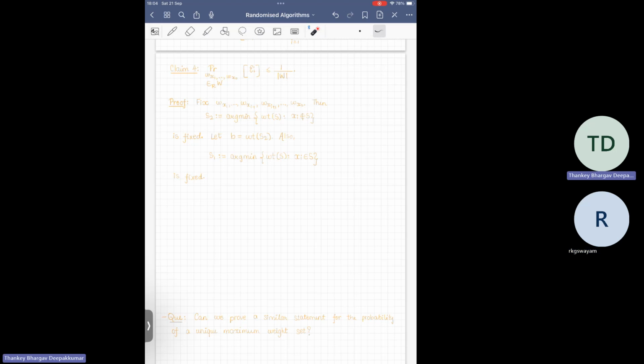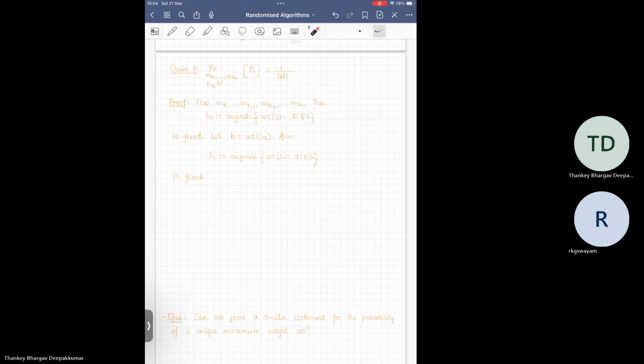Right. So my claim is once I fix the weights, I know with surety which set over here would have the minimum weight. Why? Because let's look at any set over here. It does not contain xi, right? So once I fix the weights of x1 to xi minus 1 and xi plus 1 to xn, the weights of all the elements in that set are fixed.